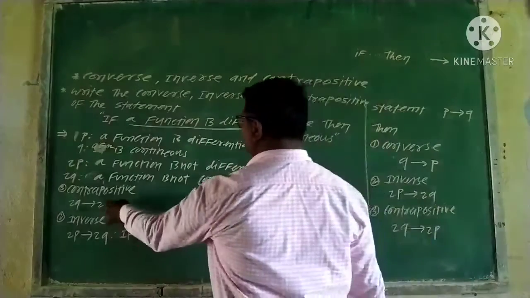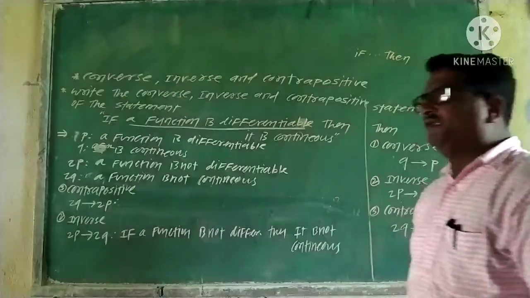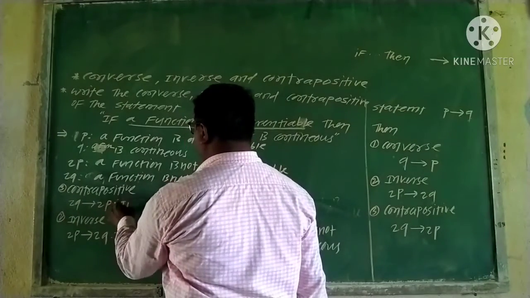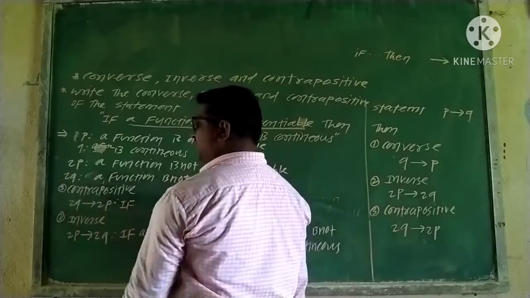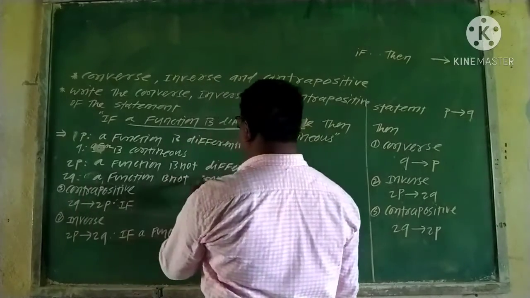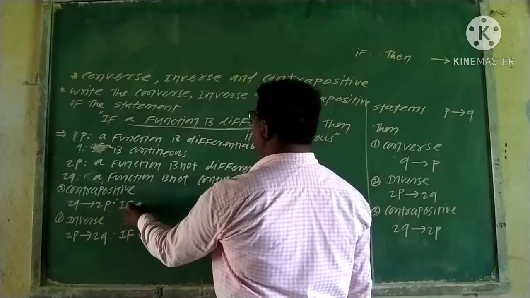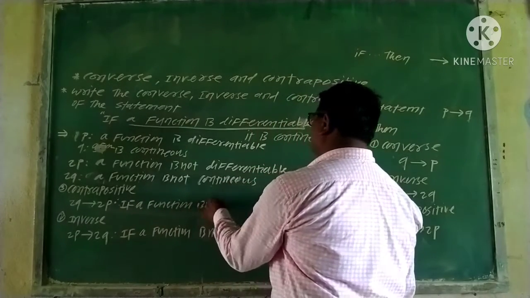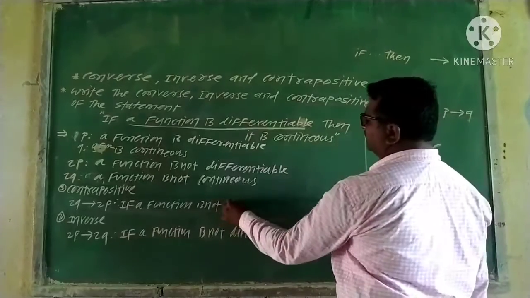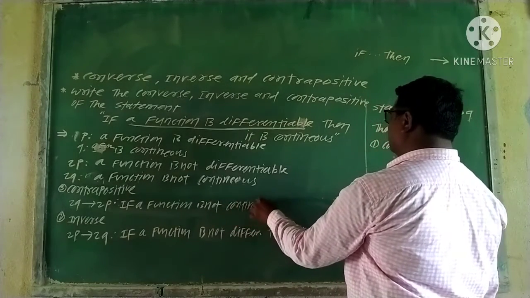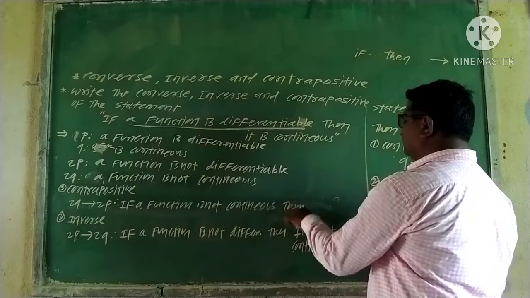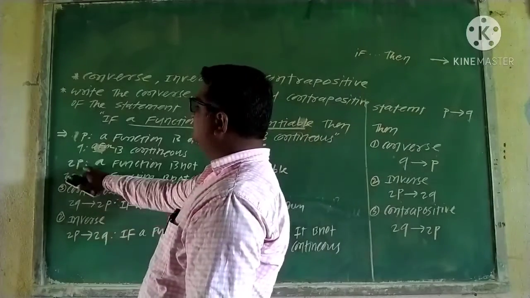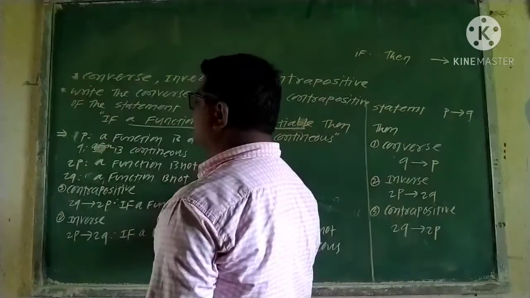Now we write it. Logical connective: if, then. The first statement is negation Q: a function is not continuous. Then the next statement, negation P: negation P is a function is not differentiable.